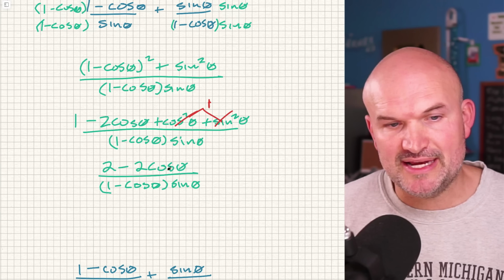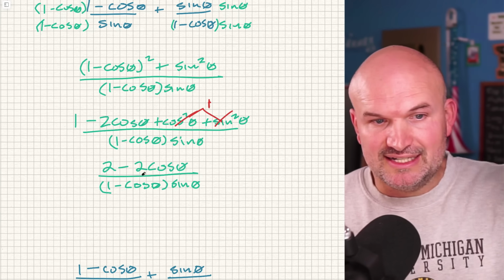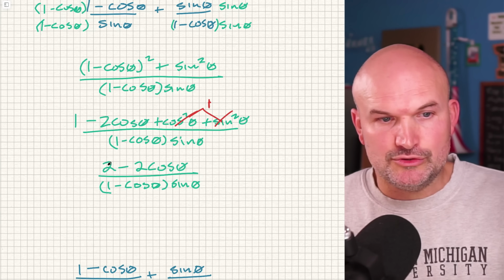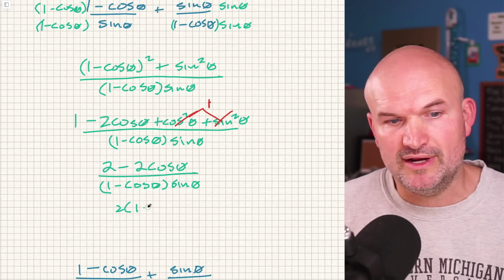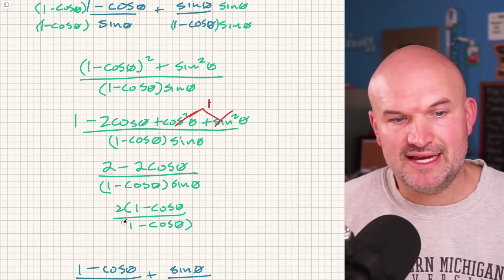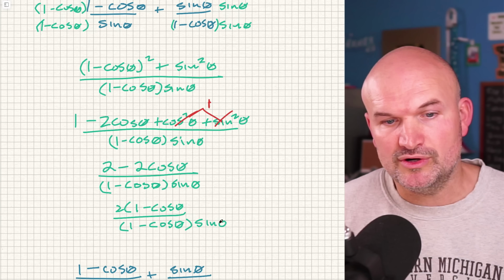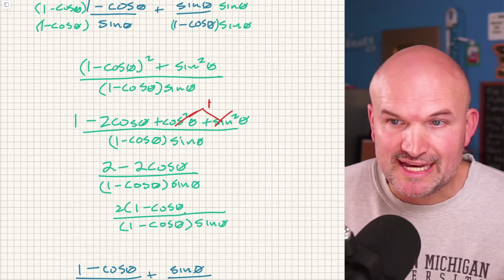All right, now I'm running out of space, but hopefully you recognize the last thing we can do here is if I need to continue simplifying, I recognize these two terms have a 2 in common. So by factoring out a 2, I'm left with 1 minus cosine of theta all over 1 minus cosine of theta times, again, a sine of theta. Now, it's important to recognize, ladies and gentlemen, these terms are separated by multiplication, right?